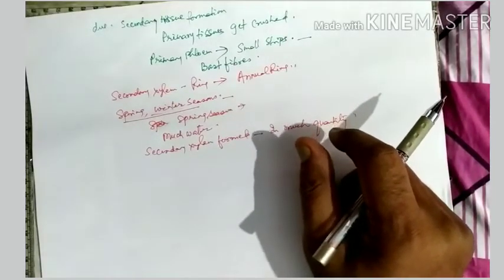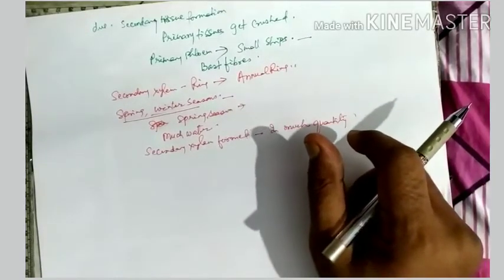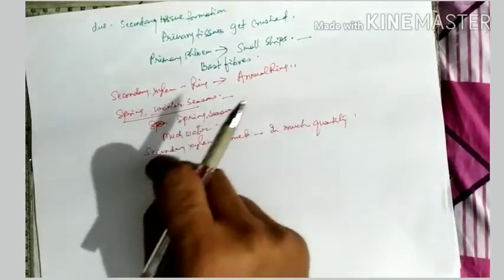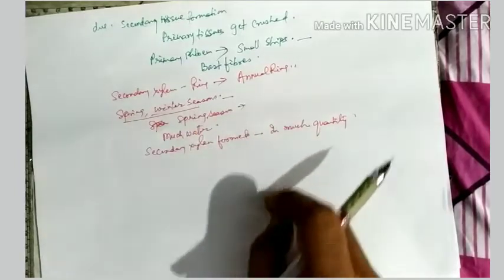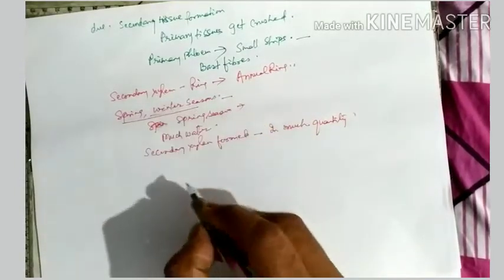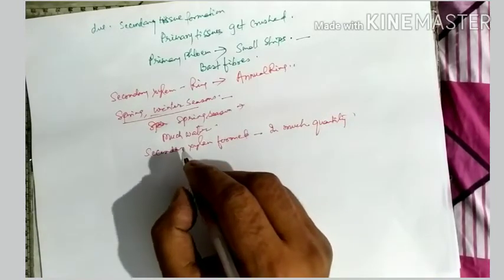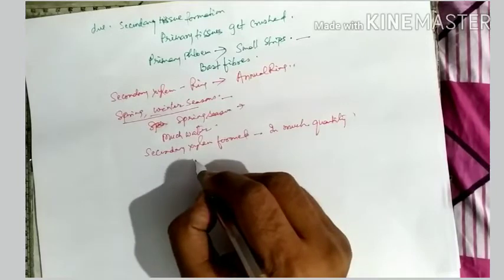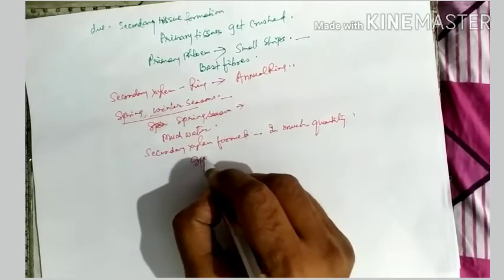After the secondary growth, the secondary xylem forms a ring-like structure, and this is known as spring wood.